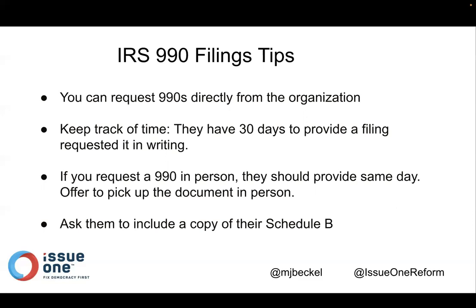Some trade associations in DC, when we've been working on this, will say, sure, we'll make it available to you the day of, just send somebody by and we'll have it available for you. And they'll give you a big stack of paper, and then it's up to you to scan it and sort through it and all that kind of stuff. And, at the end of the day, these are public records.